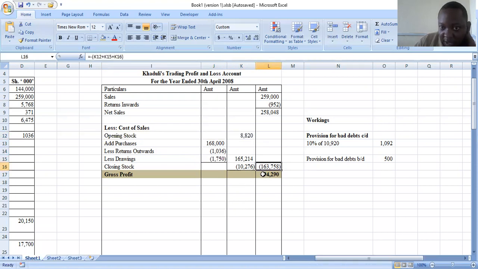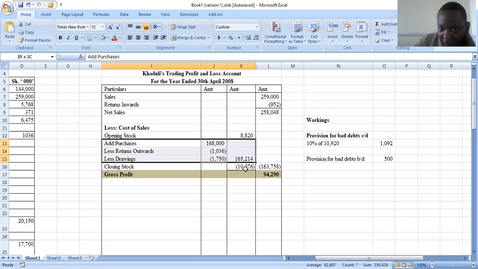You see this figure here, 163,758. We have added opening stock to purchases. Look here, you see 8820 plus 165,214, which is now our purchases, minus 10,276 gives us 163,758.